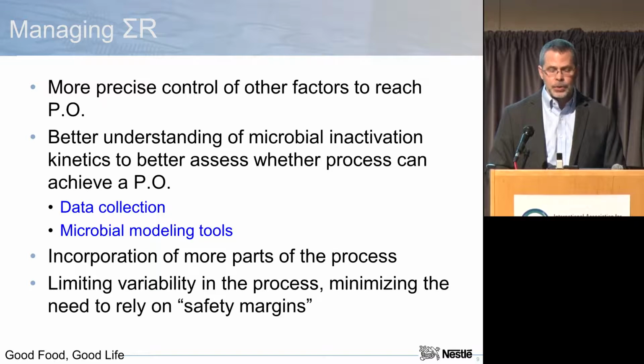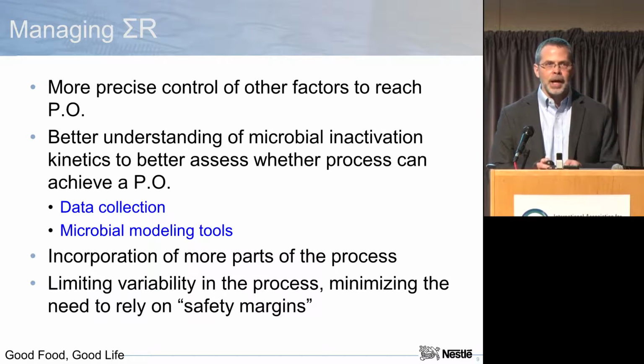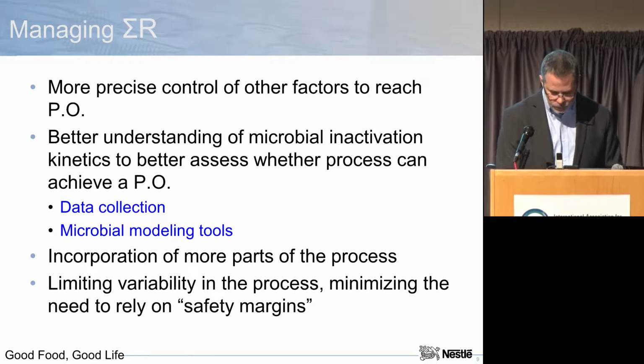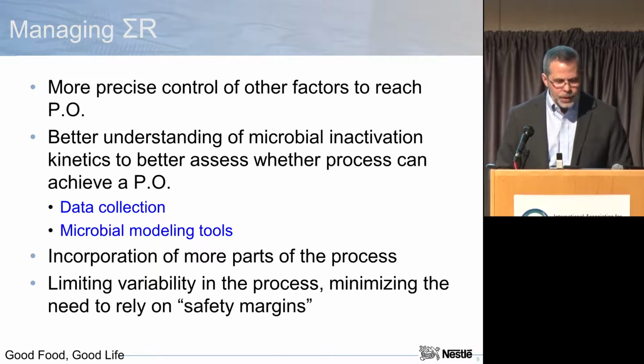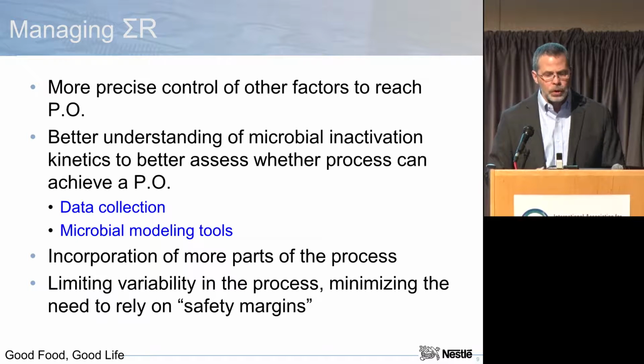There's also things I can do to manage growth, and this could be managing our supply chain conditions, making sure my pasta salad only goes on a highly dedicated supply chain where I know it's always under refrigeration, or I manage my shelf life to where I know my sandwich only has a 2-day shelf life, for example. I can also manage the conditions of reduction by more precise control over other factors to reach my performance objectives.